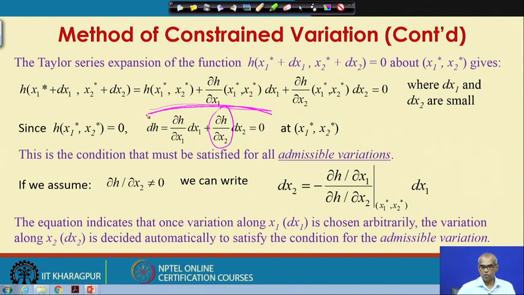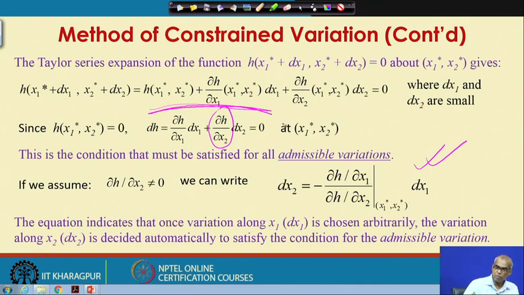Note that considering del h del x1 is not equal to 0, you could have also written a similar expression for dx1. So, the idea is that once the variation along x1, that is dx1, is chosen arbitrarily, the variation along x2, that is dx2, is decided automatically to satisfy the condition for the admissible variations.